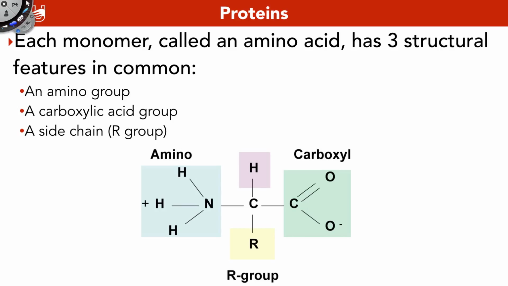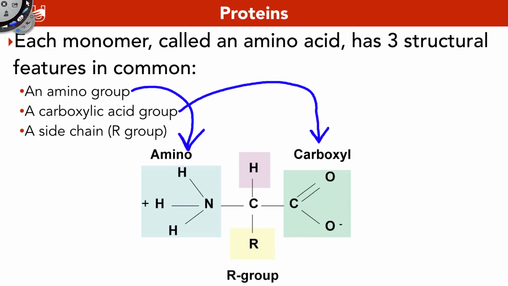Now, again, you have to know the specific groups on one of these amino acids. You have an amino group, and we talked about you having to know this functional group. We have a carboxylic acid group, again, COOH, or here COO, and it's just based on the pH that this is kept at.